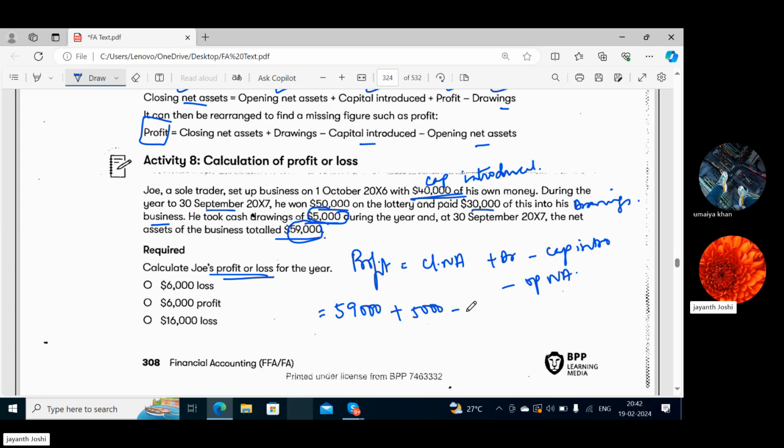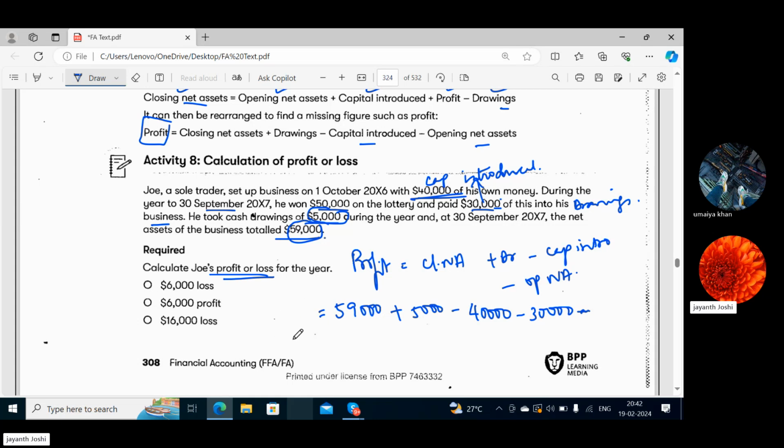Minus capital introduced. Capital introduced is how much? 40,000 at the beginning, and out of his 50,000 again he introduced 30,000. So that will also be deducted. That is also capital introduced. Minus opening net assets. Opening net assets we can't get because this is the first year of the business. So that will not be there.